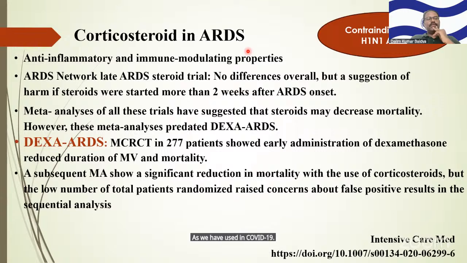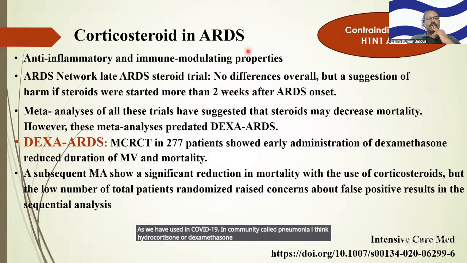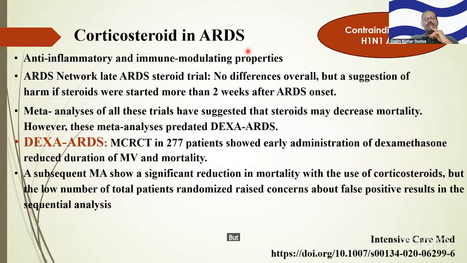In community-acquired pneumonia, hydrocortisone or dexamethasone may be equally beneficial, or you can go ahead with hydrocortisone as well. And as you rightly pointed out, H1N1 may be considered a contraindication, although there are some debates and discussions on this. But for the PGs, the take home should be that we can consider H1N1 as a contraindication to steroids in ARDS.